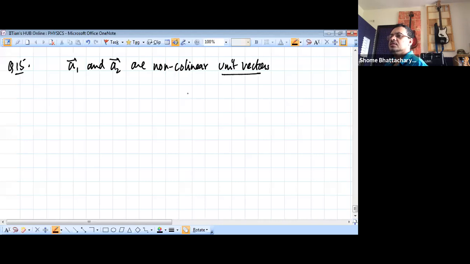So unit vectors means that their magnitudes are both unity. Both of them have a magnitude of 1. This is something that we know.